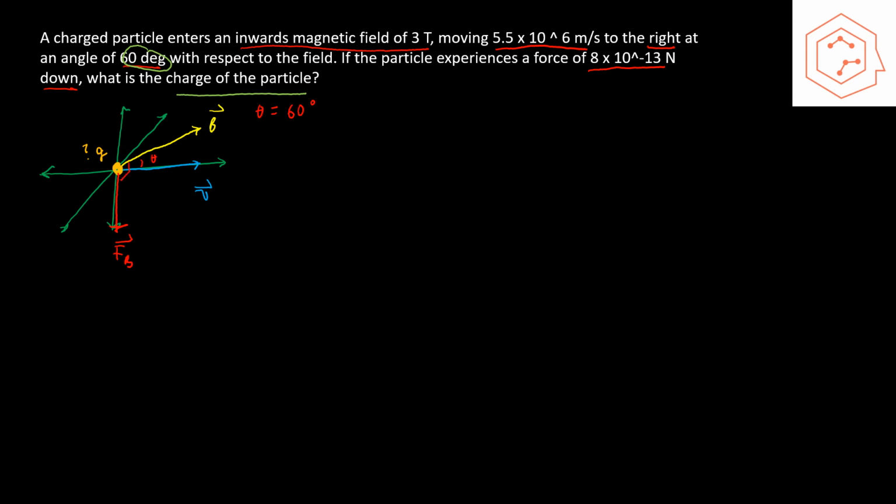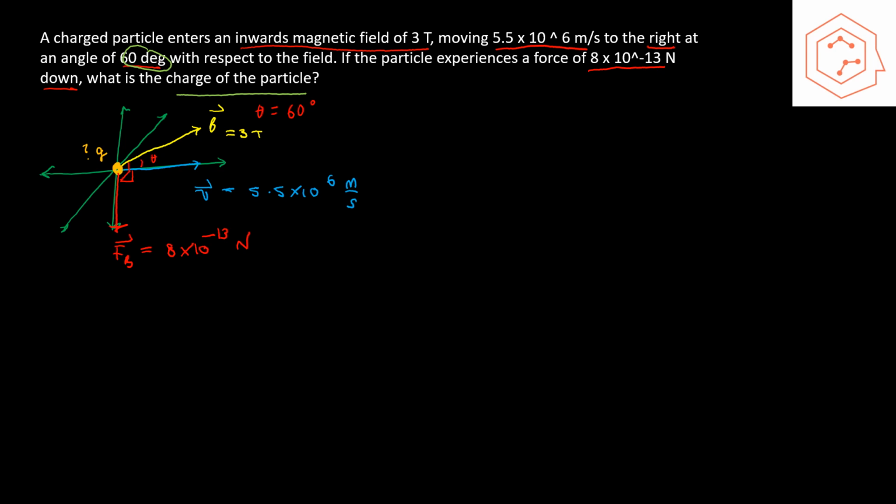I can draw a right angle like that and a right angle like that. So FB is downwards, and it's equal to 8 times 10 to the negative 13 newtons. My magnetic field is equal to 3 teslas, and the velocity is equal to 5.5 times 10 to the 6 meters per second.